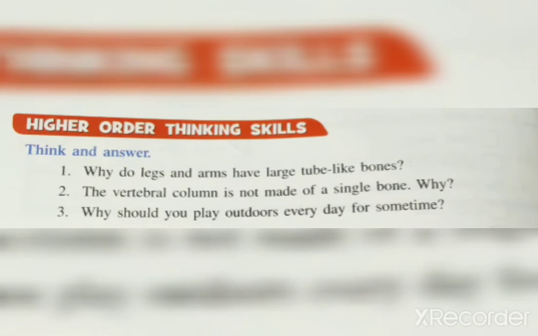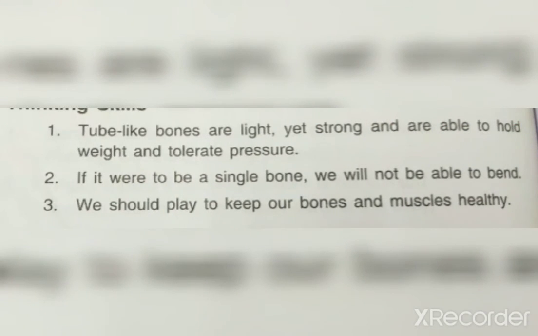Now after this, there are 3 higher order thinking skills questions. And the first question is, why do legs and arms have large tube-like bones? So the answer is, tube-like bones are light yet strong and are able to hold weight and tolerate pressure.